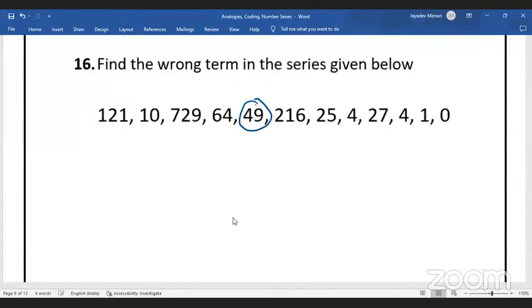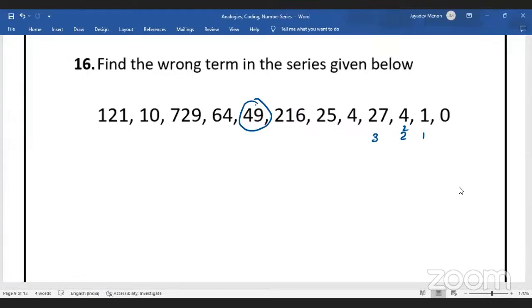So what is the pattern here? If you are looking here, we can see that 0 can be 0, 0 square, 0 cube, anything. Now 1 is 1. 4 is 2 square. So here we have 1, then 2 square.